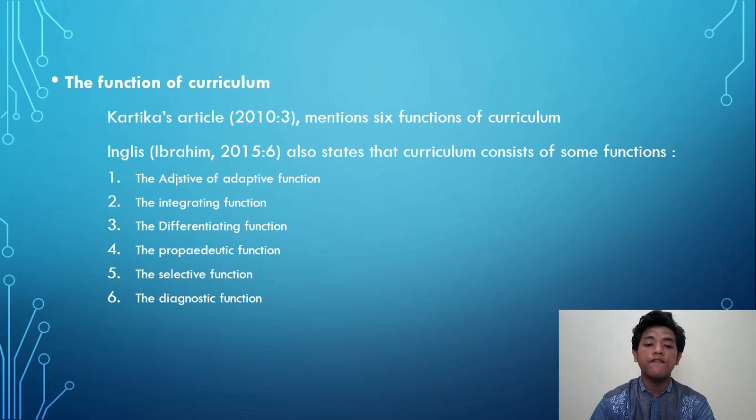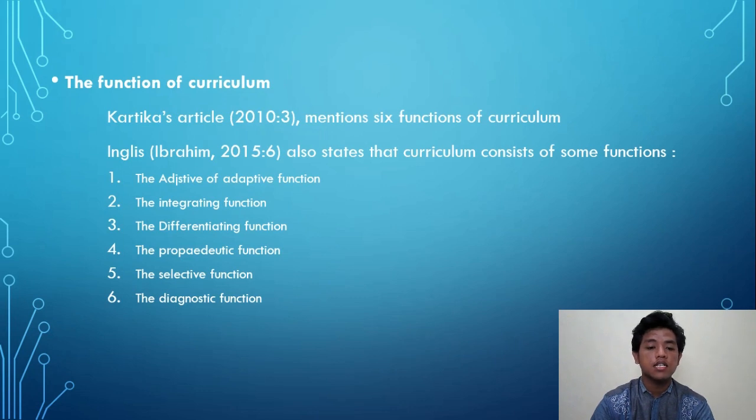1. The adaptive function. Curriculum should be able to handle society conditions because it will become the students' object in learning. 2. The integration function is integrating students, who should be educated by using the curriculum to face the society. 3.